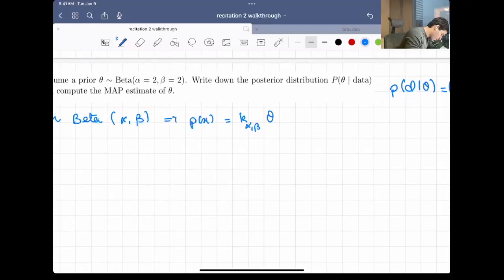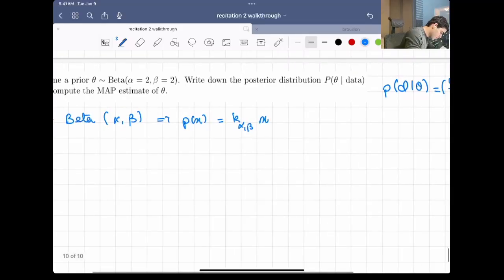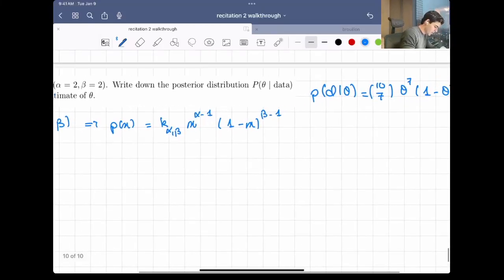And X to the power alpha minus 1, times 1 minus X to the power beta minus 1. This is what the beta distribution looks like.